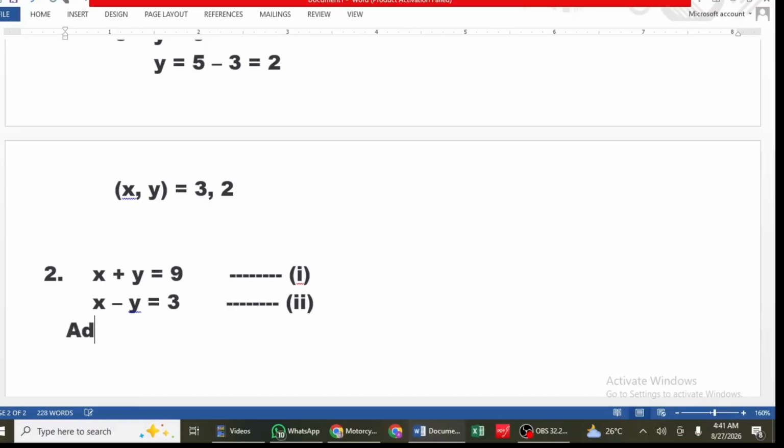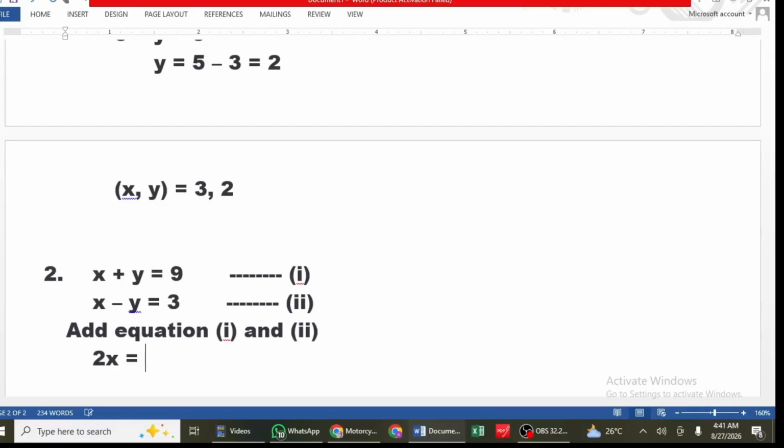You now say add equations 1 and 2 together. Equation 1 will have x, equation 2 will have x, x plus x will give us 2x, then plus y minus y will give us 0.